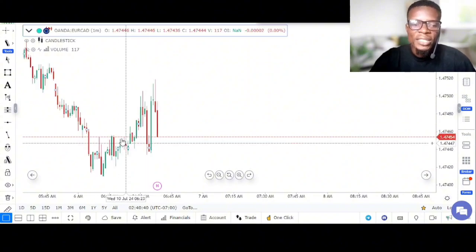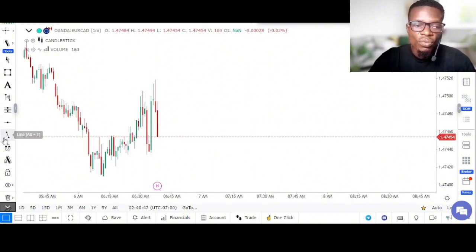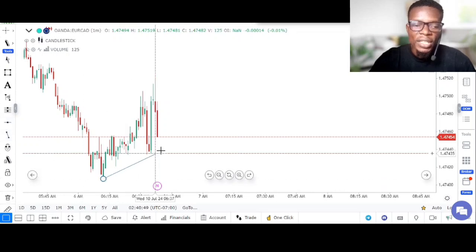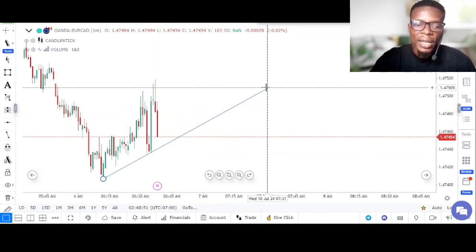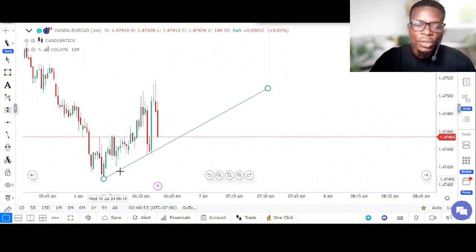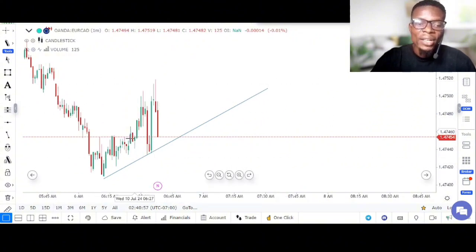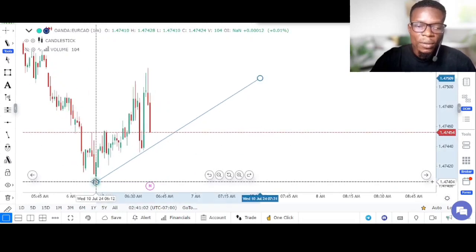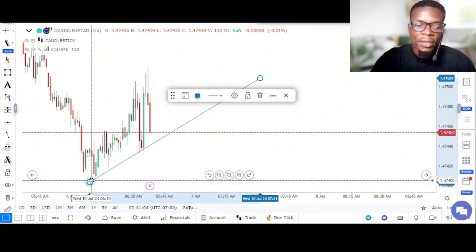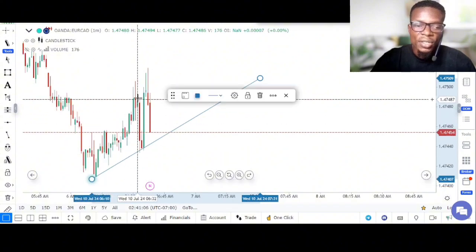So when you have these kinds of patterns, the next thing you want to do is to draw your trend line, and you are going to be connecting all the higher lows together like this, because now this is a low, this is a higher low. You see that the price has created this higher high here. That's why we can trust this to be a strong support, because from this low over here, the price created this new high.